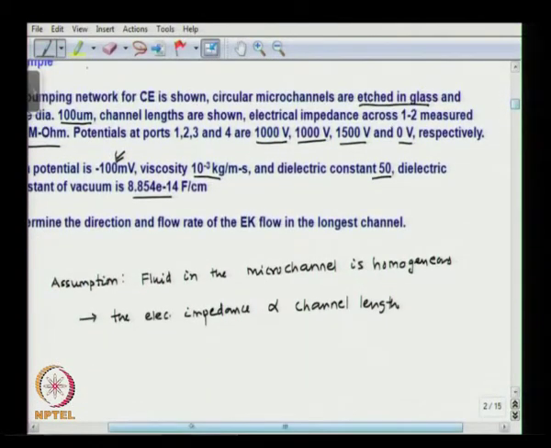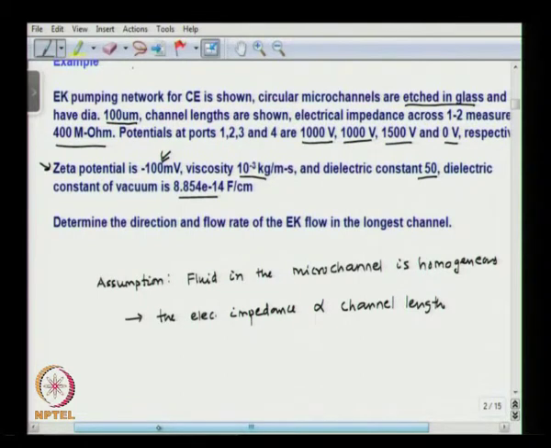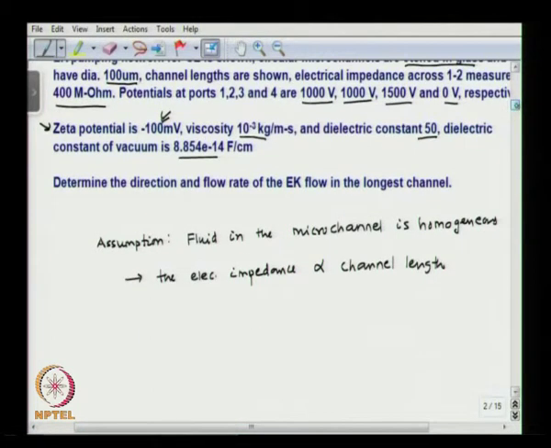Now, since we know the impedance between 1 and 2 is given as 400 mega ohm, we can predict the resistances assuming that the fluid is uniform throughout. That is the assumption we make.